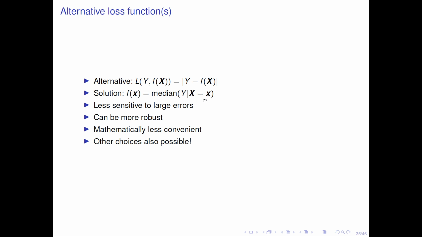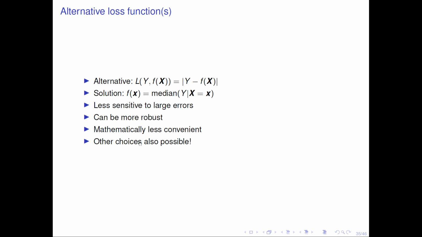Now, if we have a symmetric distribution, the median and the expectation will be the same. But if we have a very skewed distribution, they could be different. And sometimes one would prefer that median instead, due to that medians are often more robust than expectations. So it's in particular less sensitive to large errors.